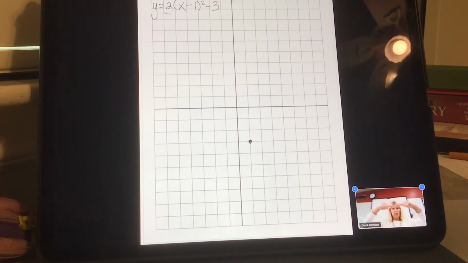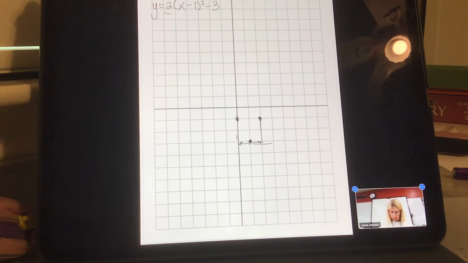So that is saying when you move 1 horizontally, instead of moving up 1, you're moving up twice that distance. So you're going to move over 1, but you're going to move up 2. And over 1 and up 2. Are we tracking? So as you're moving over 2 from your vertex, either side, symmetric, instead of moving up 4, you're going to move up twice that distance, which would be 8.